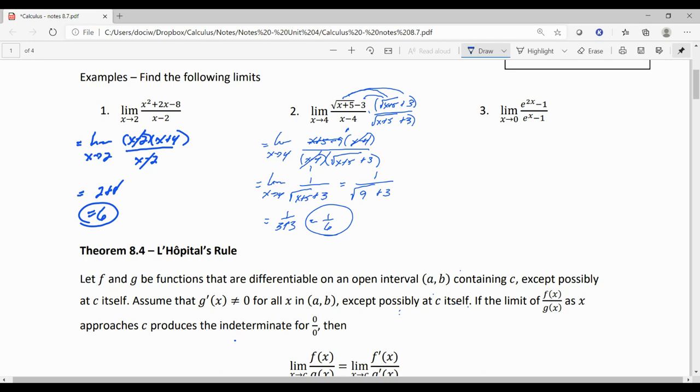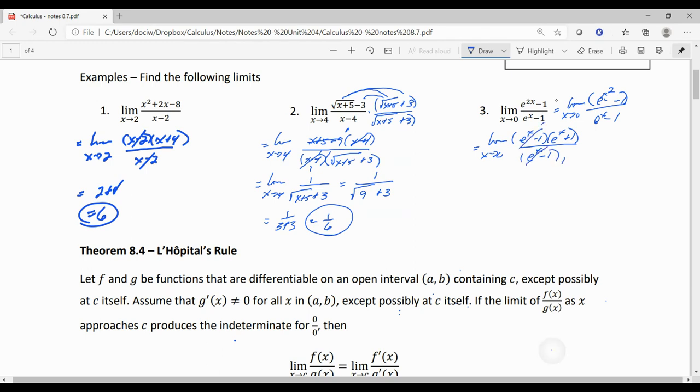Now, number 3, if we recognize that e to the 2x is e to the x squared, that numerator will factor as e to the x minus 1 times e to the x plus 1 divided by e to the x minus 1.